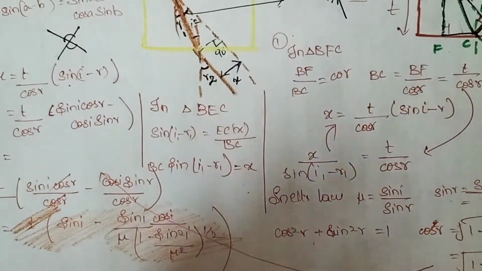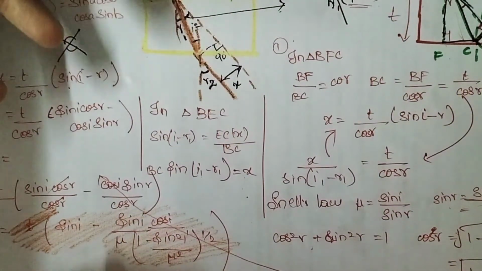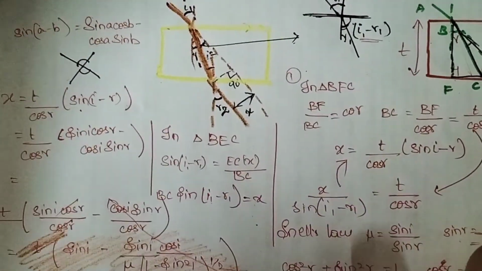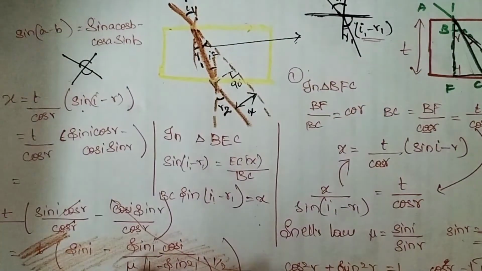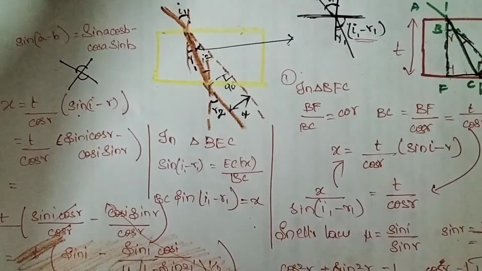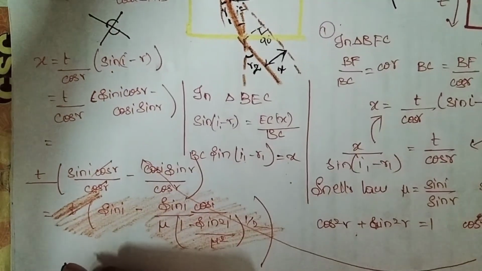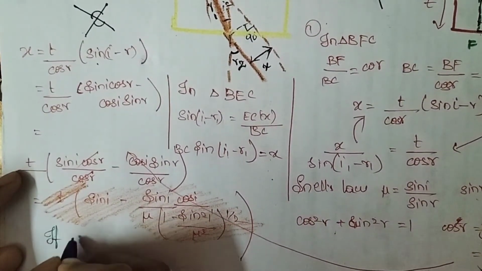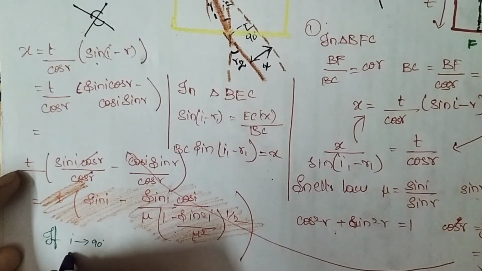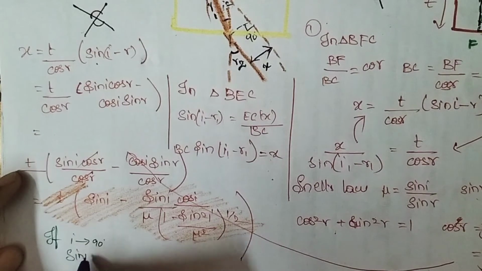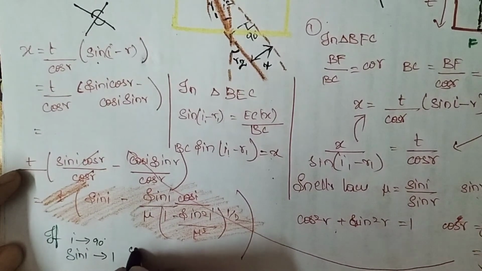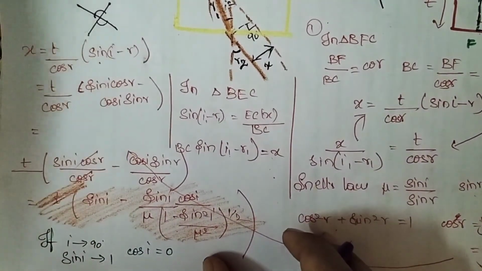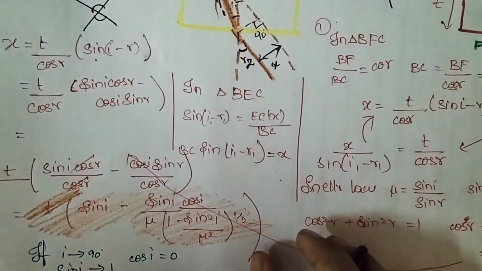Okay, now if the incident angle is maximum, that is sin i is maximum when the angle is 90 degrees. So if i is 90 degrees, then sin i will be the maximum, 1, and then cos i will be 0. Correct? Then x max, that is the maximum value you are finding.